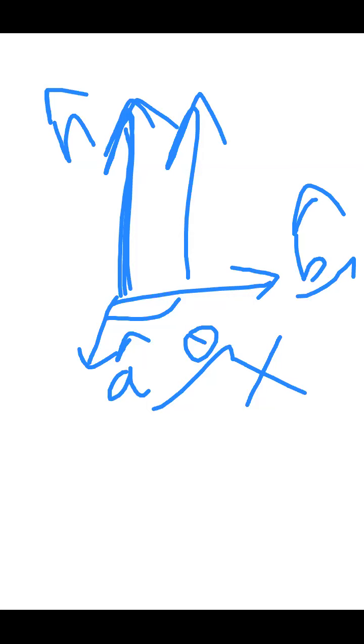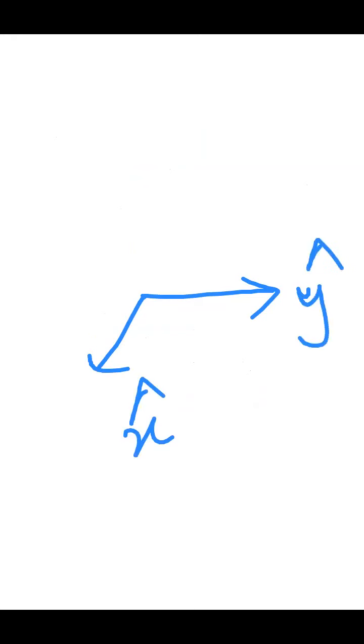Anyway, this is the basics of vectors. And again, what are the unit vectors in the case of the cross product? See, this is my x cap, this is my y cap, this is my z cap.